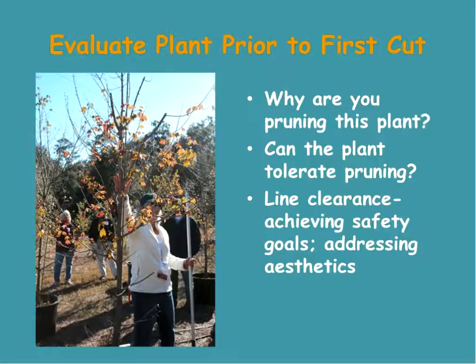Line clearance is a totally different kind of pruning as well. They are required to follow the same procedures as any certified arborist. They are supposed to cut limbs back to a lateral. Some of you might have heard of some of the issues they've had in Greensboro this past year, where they came in and did some line clearance.